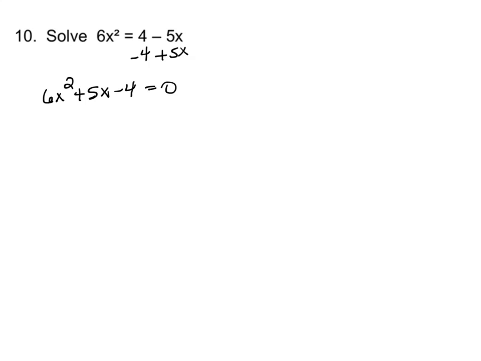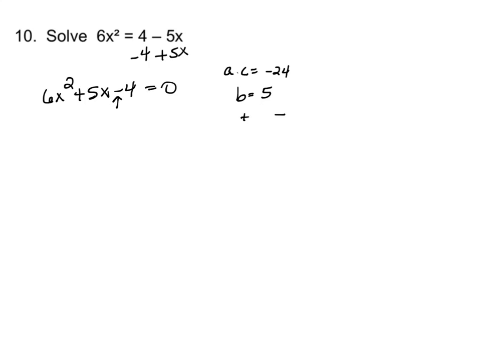And remember, I moved all of that instead of the 6x squared because I want the 6x squared to stay positive. There's no greatest common factor. So a times c is equal to negative 24, and b is equal to 5. So I have a positive factor and a negative number that's going to take the place of my middle term.